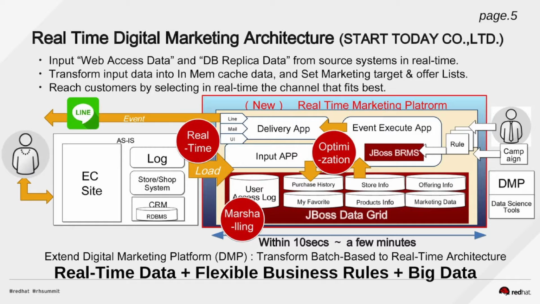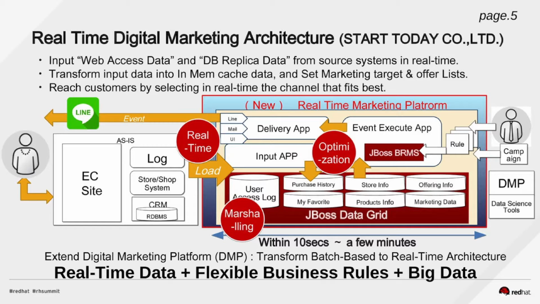This is the system architecture which we aim to finish eventually as a next-generation digital marketing platform. There are consumers and as-is source systems, such as the e-commerce site and CRM database. This architecture is able to handle 80,000 web access logs per second and other source DB data on in-memory cache space in real time.